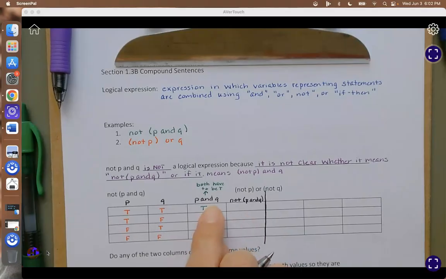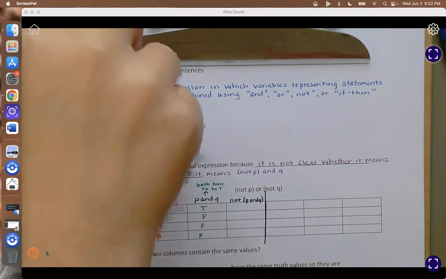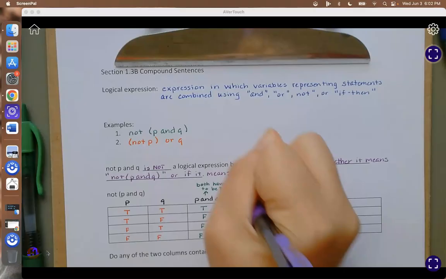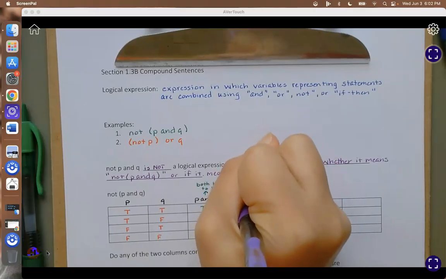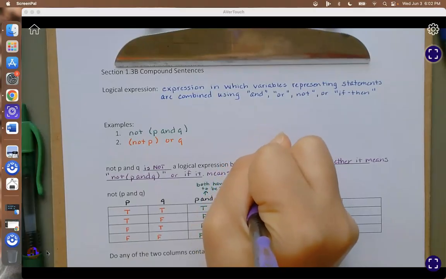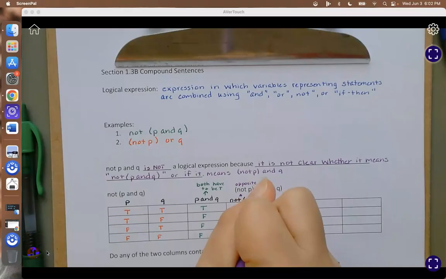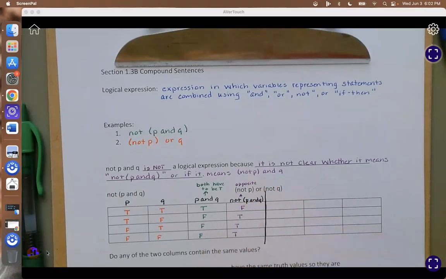So what not does is it makes it the opposite value because that's what we learned with negations. Okay. So I'm going to put a little note right here that says opposite. So this is going to be false, true, true, false.